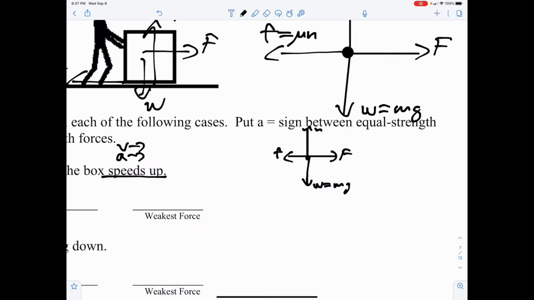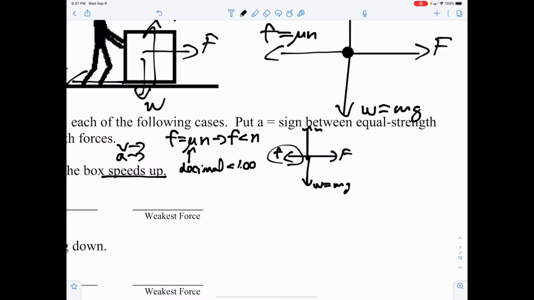Now, you'll notice something about the detail of how I drew this. I drew friction smaller than I drew the normal force, and here's why. Friction is equal to mu times the normal force, and mu is going to be a decimal that's less than 1. So a decimal less than 1 times any normal force means friction will always be less than normal force, 100% of the time.